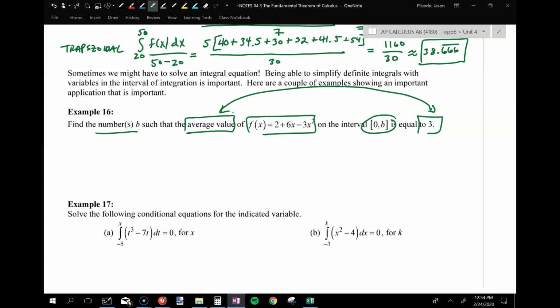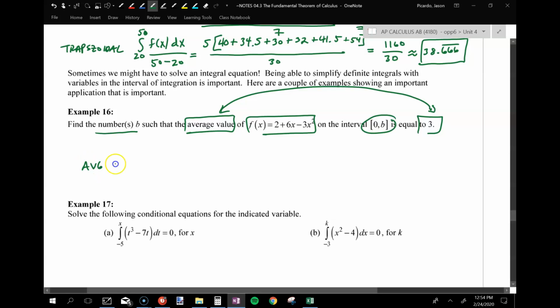I gave you a lot of data there, didn't I? But it's all in reference to an average value. Well, the formula for average value is this: integral from a to b of f of x dx over b minus a.